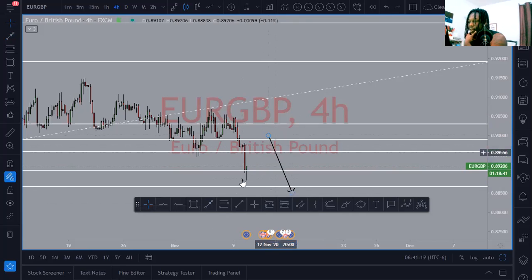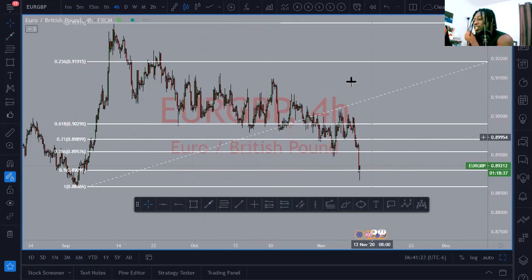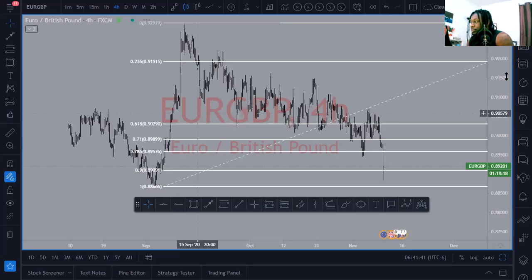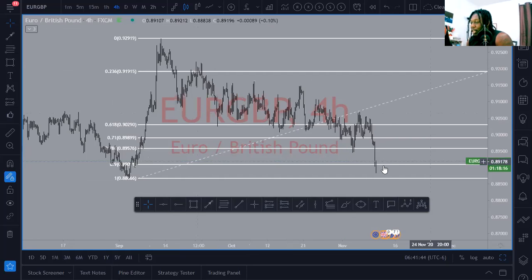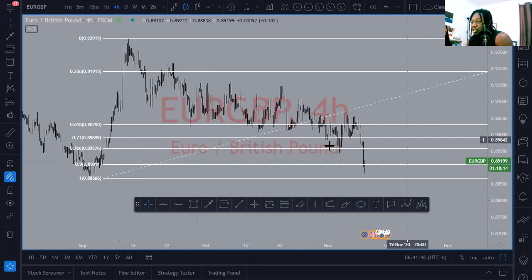It could just be giving a fake out move to the downside. Because if this goes bullish, then that would be okay. The GBP's gaining strength, the euro's losing strength, or the GBP losing strength, which would help with my GU sell that I have going on. But at the same time, I'm just kind of like, I don't know, Chief. I don't know how I'm feeling this. Like I said, if this was a swing trade, I'd still be definitely in the move. But overall on the 4 hour, this looks like it's very bearish.